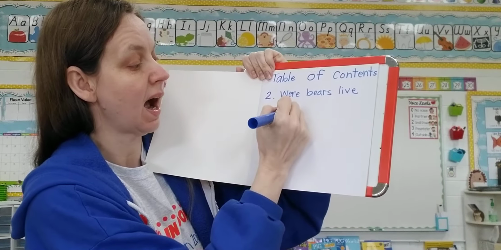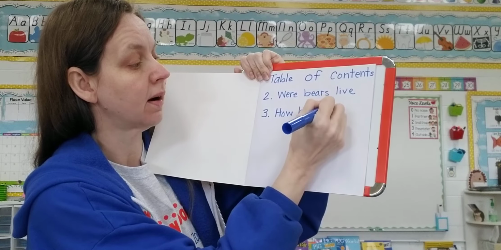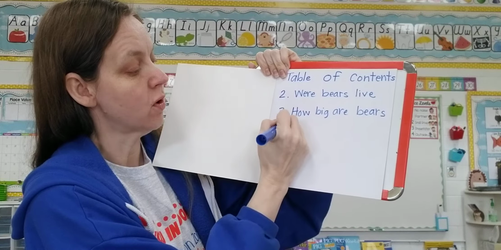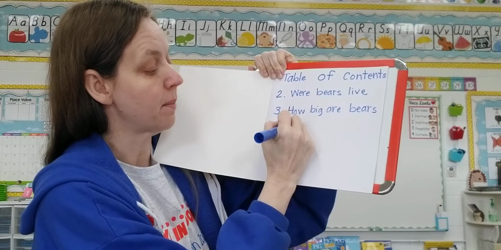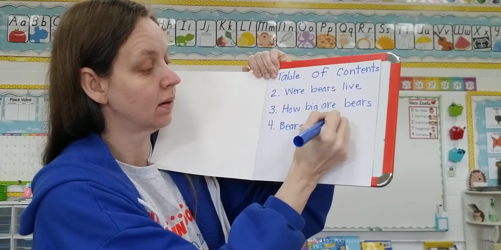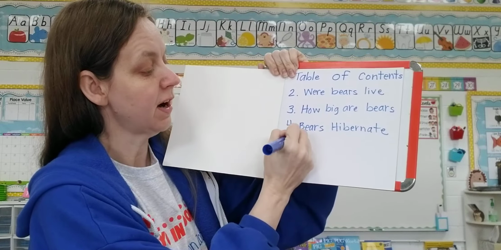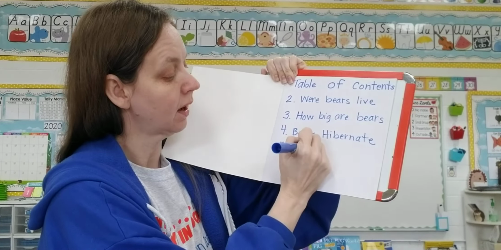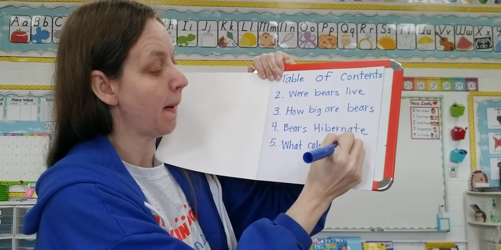So I'm going to write how big are bears. On page 4, I wrote about do they hibernate. So I'm going to write bears hibernate. On page 5, I wrote about what color are bears.